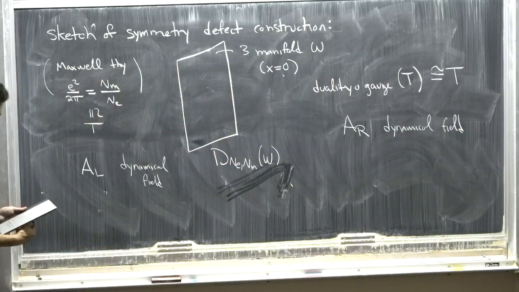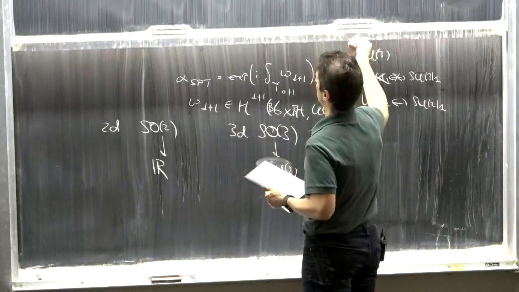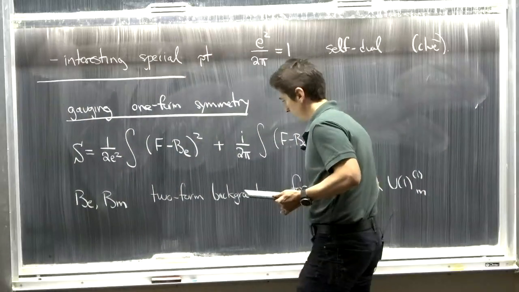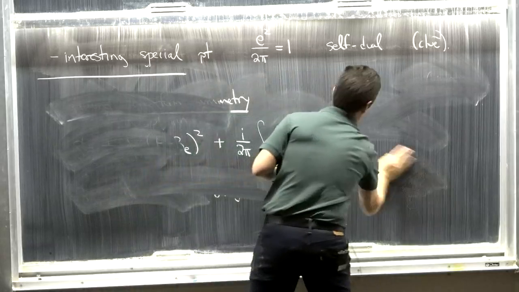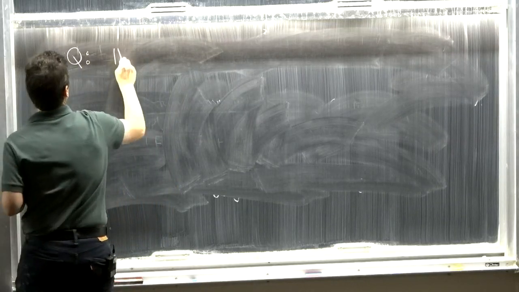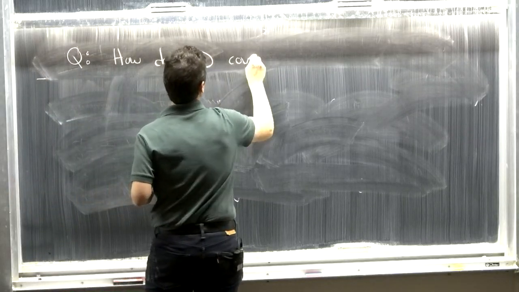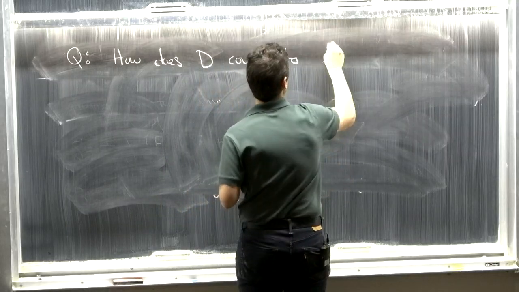And what do I need to tell you? If you want to understand this construction, the question we need to answer is: how does D couple to the bulk left and right fields?